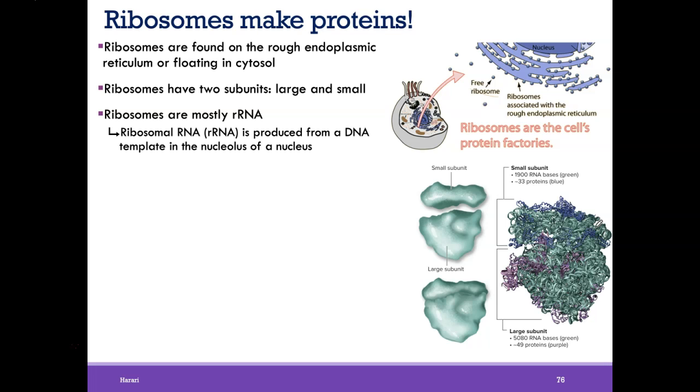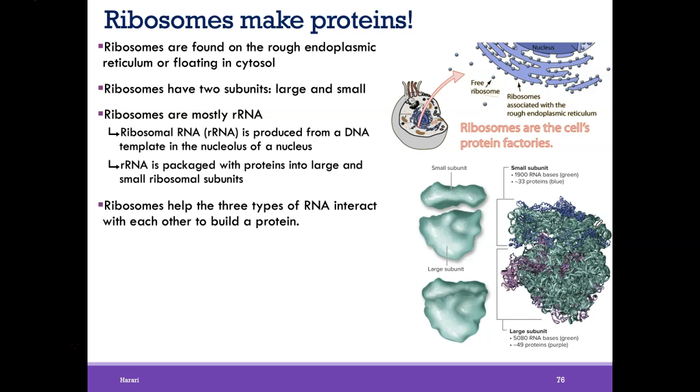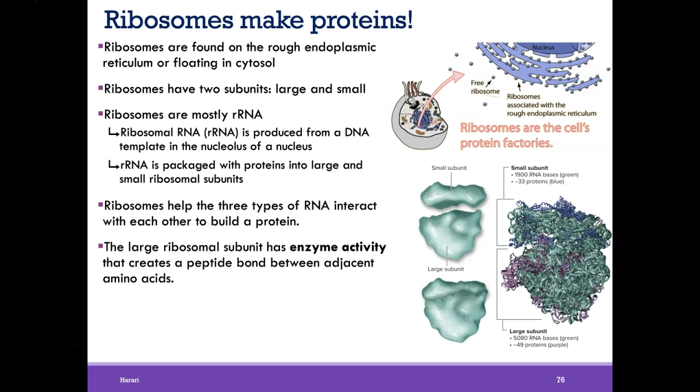Ribosomal RNA is also produced from a DNA template, but that's a little more information than I want you to know. Ribosomes are really important because they can help the three types of RNA interact with each other to build a protein. So within a ribosome, we have rRNA, tRNA, and mRNA all working together to produce proteins. And the large ribosomal subunit has enzyme activity that can actually make peptide bonds between amino acids.